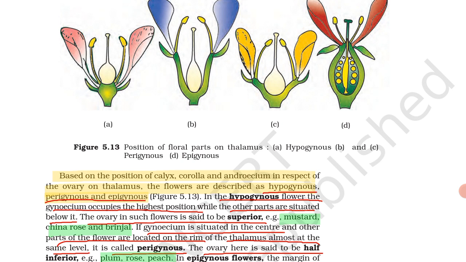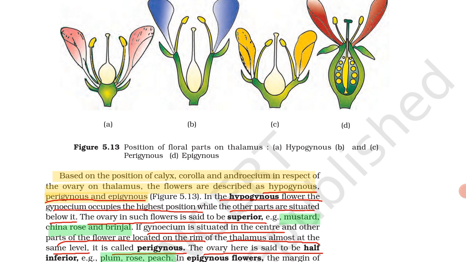See figure 5.3a: in the hypogynous flower, the gynoecium occupies the highest position while the other parts are situated below it, and the ovary in such flowers is said to be superior. It is superior because the gynoecium occupies the highest position and other parts lie below it.